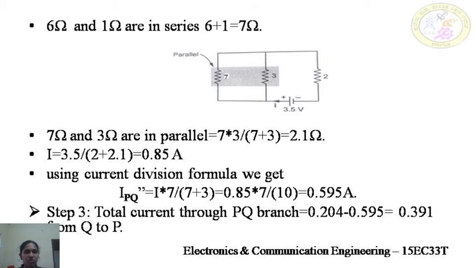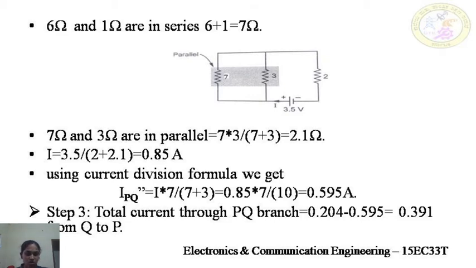Using the current division formula, we can obtain the branch current IPQ double dash, that is equal to main current I into the other branch resistor value, that is 7 divided by 7 plus 3. Main current 0.85 into 7 divided by the sum of the resistances, 10, is equal to 0.595 ampere.